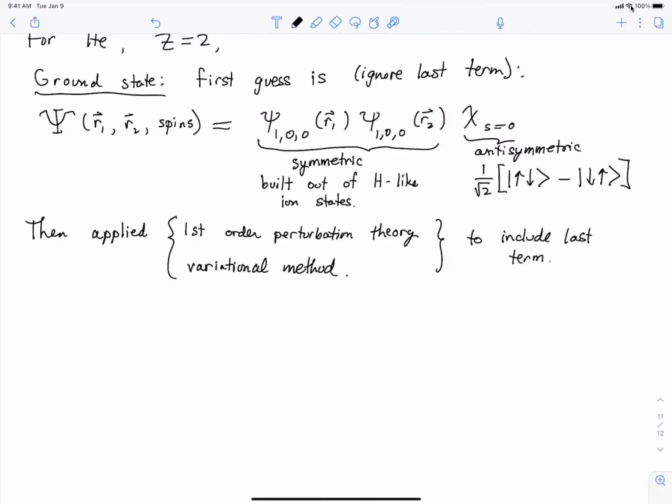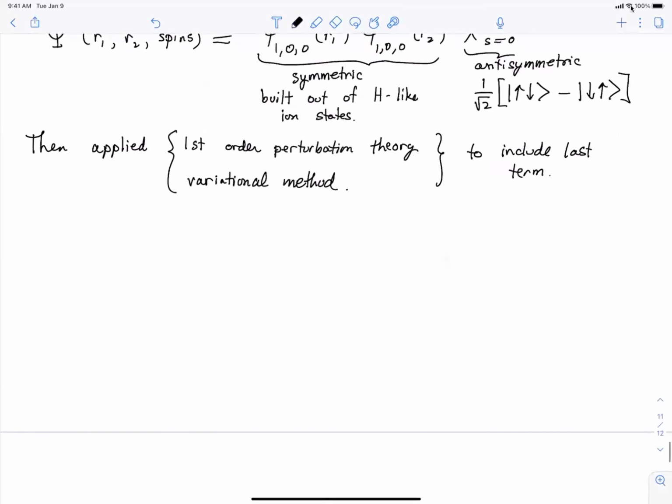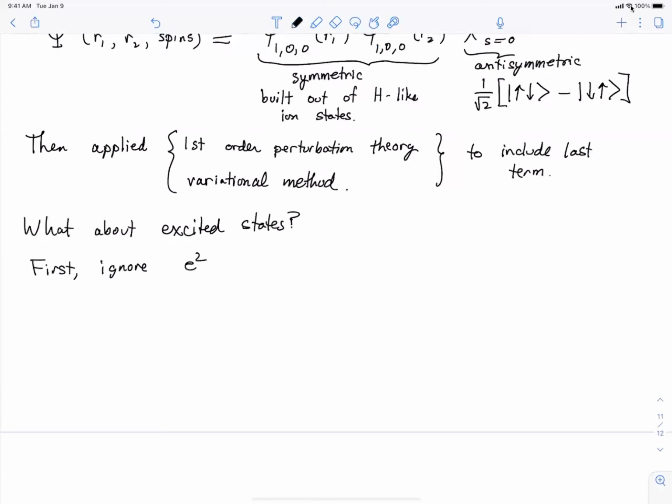And now let's talk about what about the excited states. Okay, so again, our first guess is going to be just ignore that last term. So first, ignore e squared over |r1 minus r2| again.